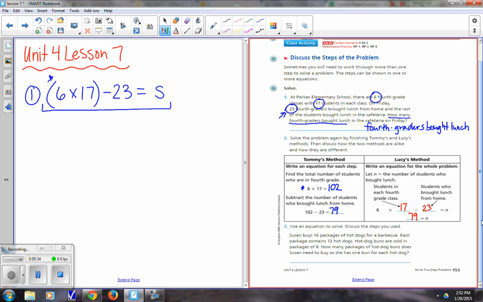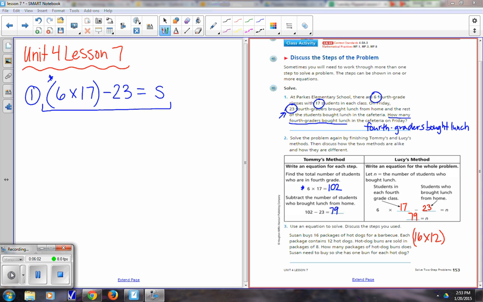Susan bought 16 packages of hot dogs for a barbecue. So how many hot dogs is that? Each package contains 12 hot dogs. Okay? So we need to know this first before we can even figure out how many buns she needs.